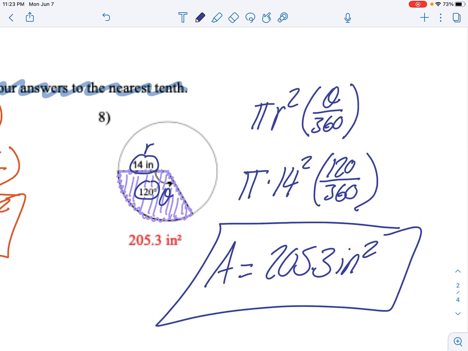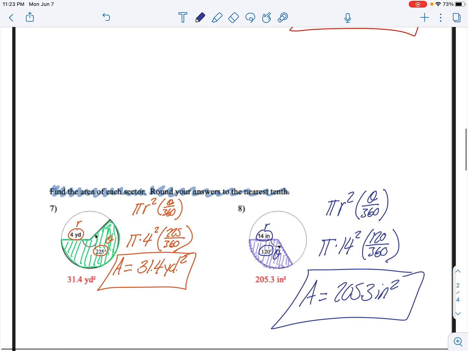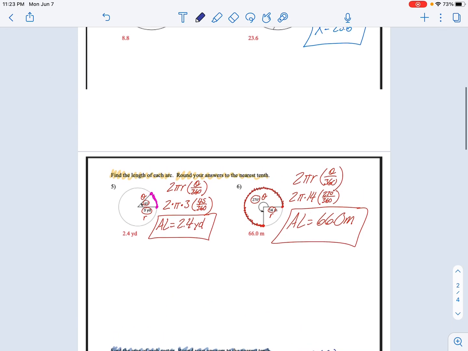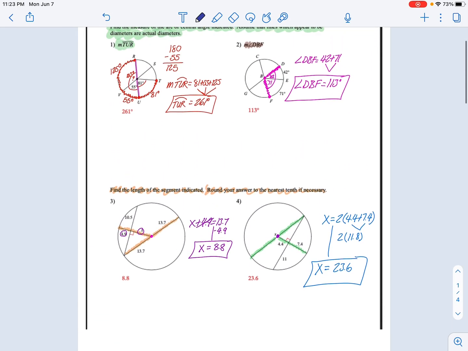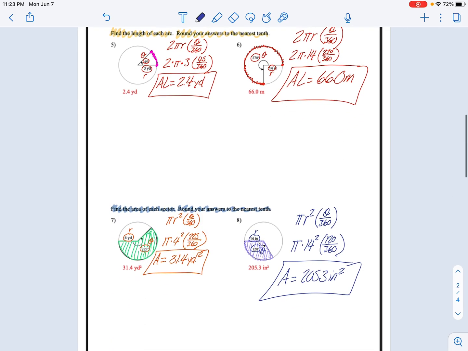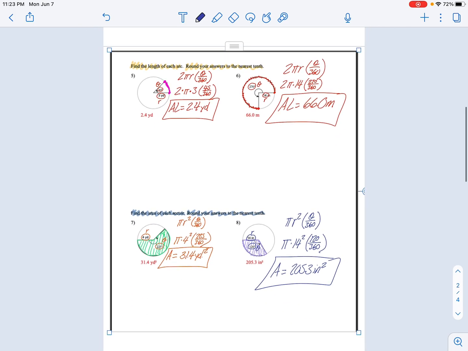And there you go. Look at that. That is our sector area. And that, kiddos, is our quiz preview. So make sure that you wrote everything down. Make sure you sketched every circle in order to fully understand this entire quiz preview.